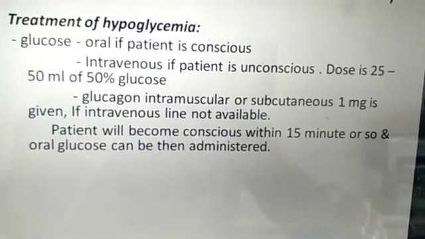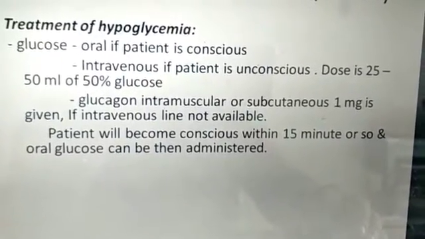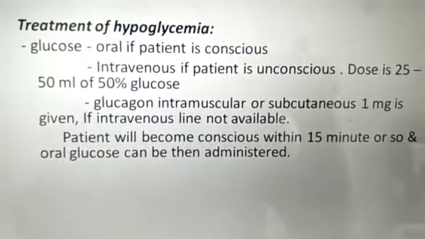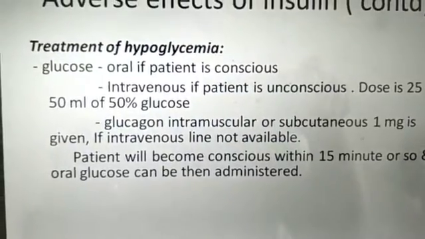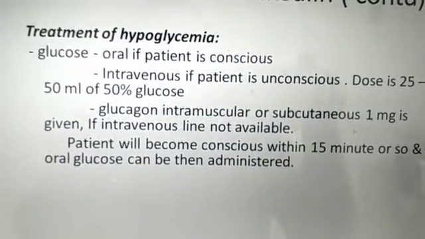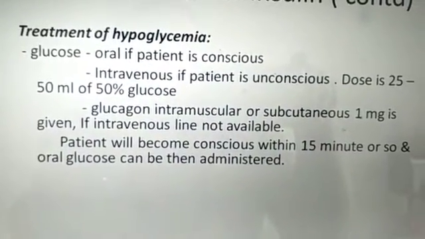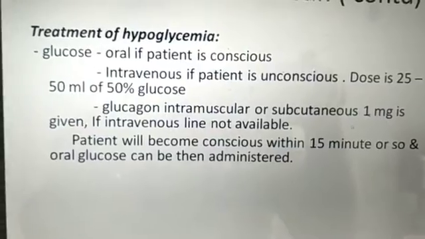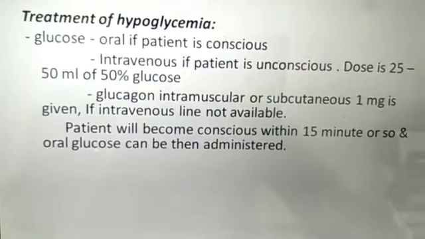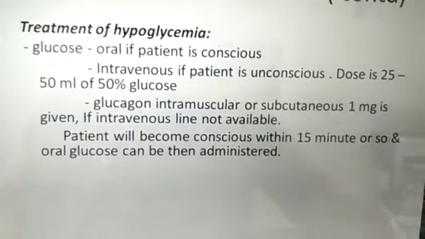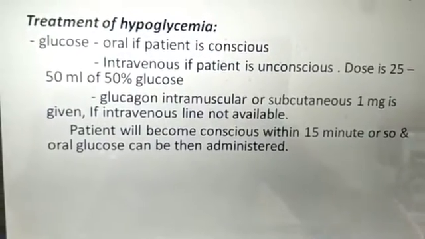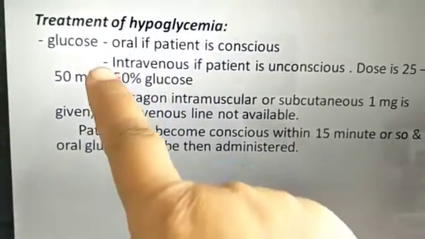Because this treatment can be life-saving, and it is said that if a non-diabetic patient comes in a comatose or unconscious state, and you are unable to differentiate whether he is in coma due to ketoacidosis or hyperosmolar coma or he is having hypoglycemic coma, then you should first give glucose.